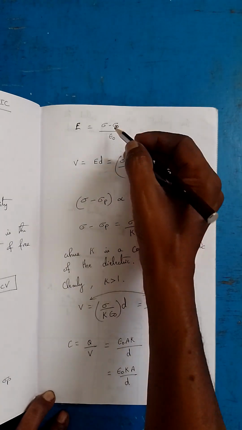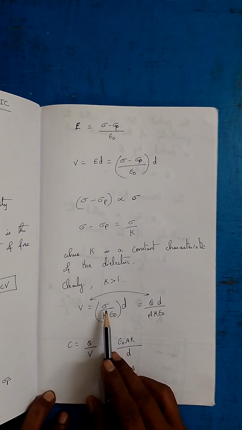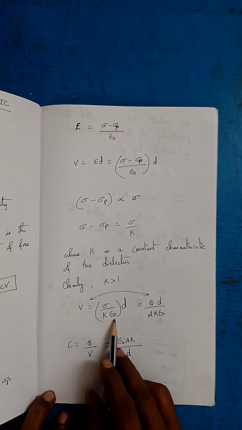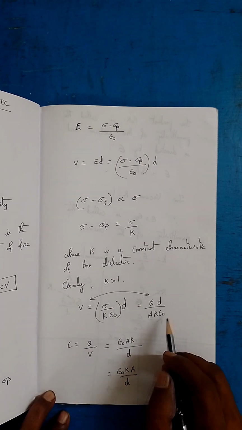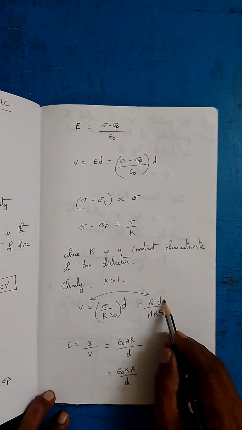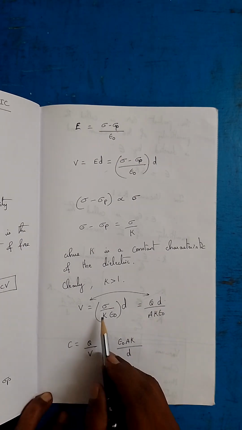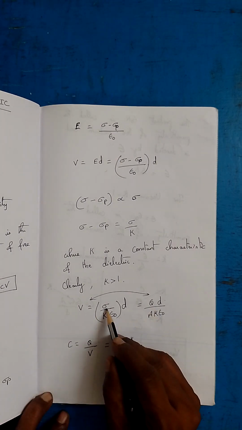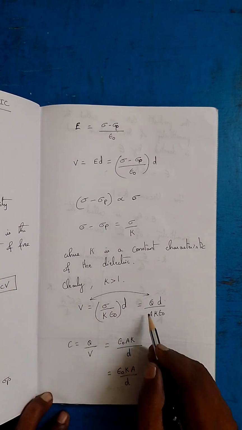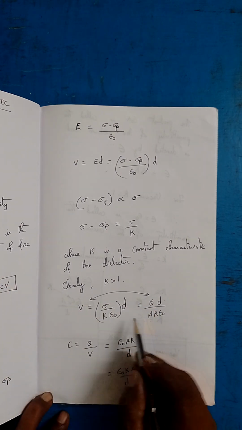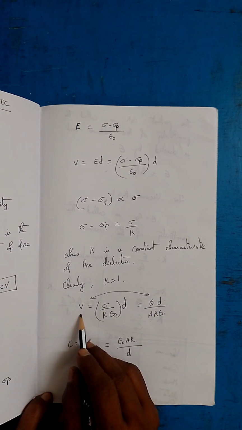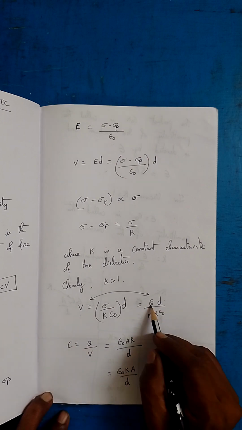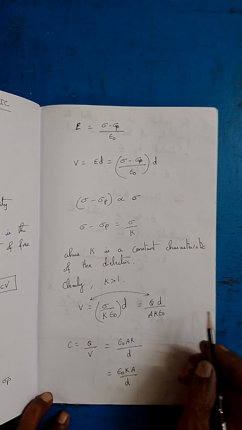So that's what is written here in the place of E: sigma by k epsilon naught, into D. Now keep this D as it is. Now sigma, what is sigma? Q by A. That's what is substituted here. Therefore the potential difference between the plates is given by Q D by A k epsilon naught.